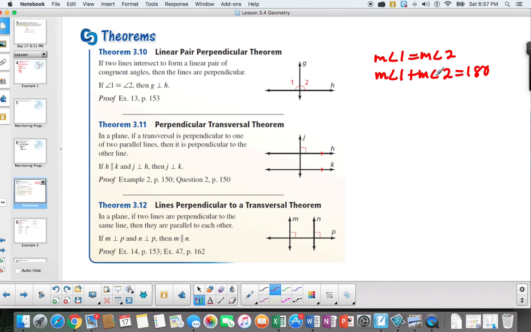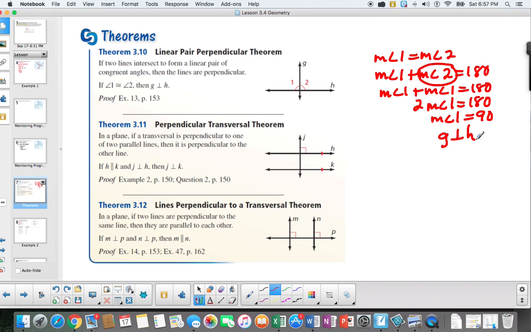And since they're both the same, I'm going to substitute, and I'm going to write measure of angle 1 plus measure of angle 1 equals 180. That means two of these angle 1's equal 180. Divide both sides by 2, and I get angle 1 to be 90. Once I establish that angle 1 is 90, then I know that G is perpendicular to H.